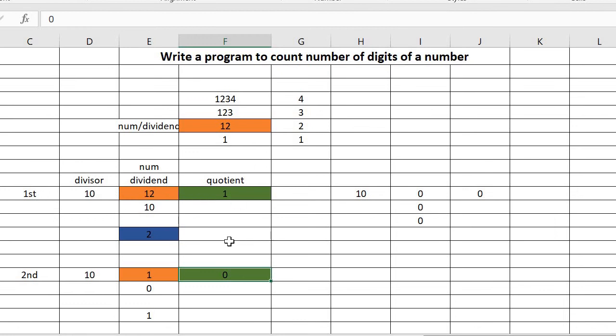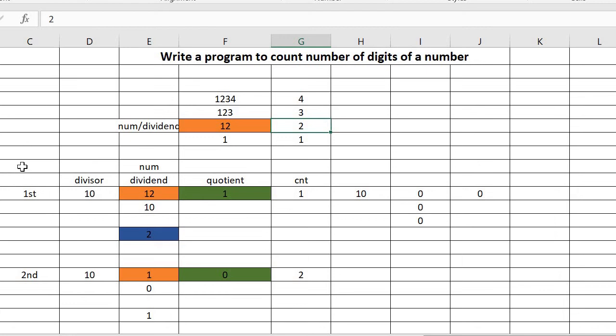This whole procedure takes only 2 iterations to execute. So I will take a variable called counter. I will count 1 and 2 for both of these iterations, and after the two iterations the counter value becomes 2. After that there are no iterations, so the counter value will remain 2 only. With this we find that the number of digits present in this number is 2, right? Hope you guys got it.